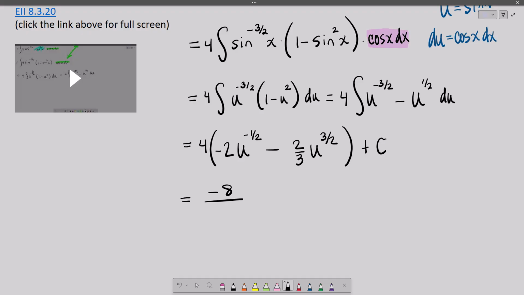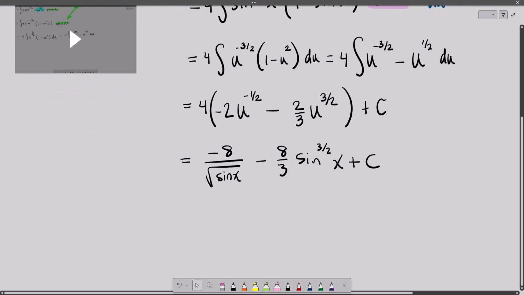So we'll make that square root of sine. And sine of x, not theta. And then minus 8/3 sine raised to the 3/2 power of x, and then plus c.